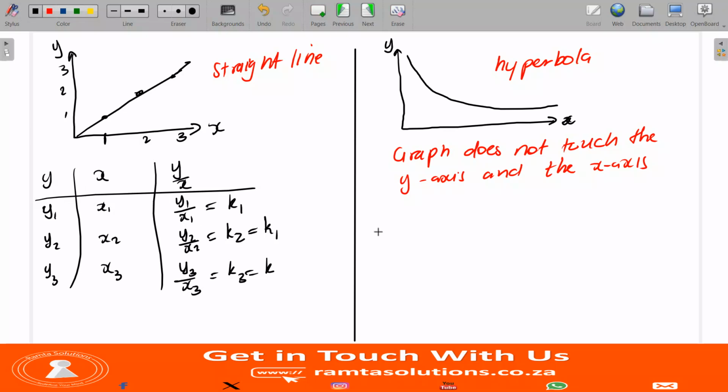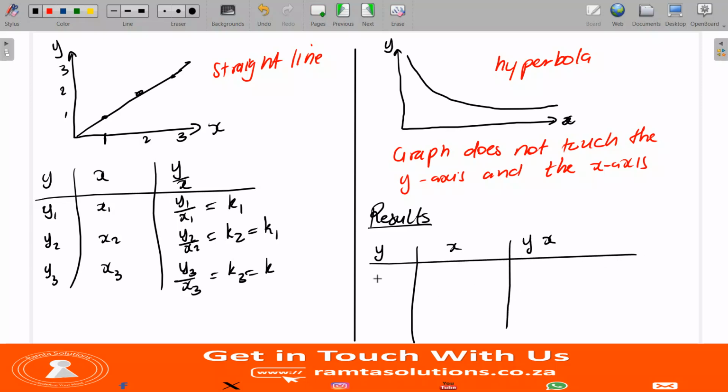Now let's say we have another set of results: y, x, and then y times x. Here we have y1, x1, y2, x2, and y3, x3.